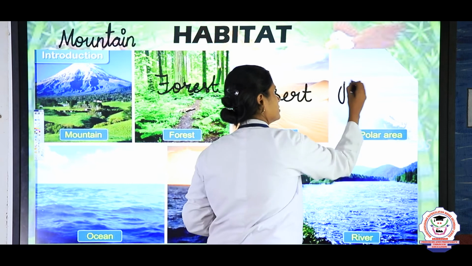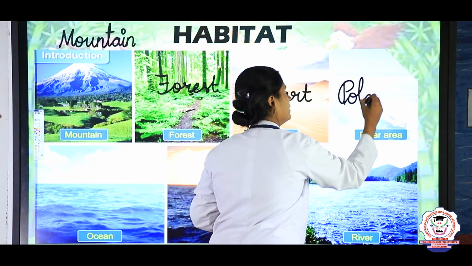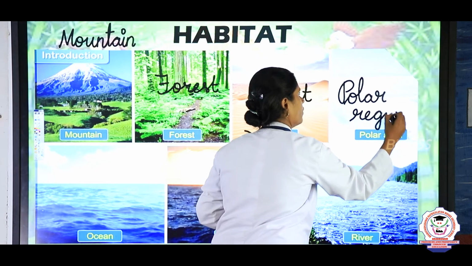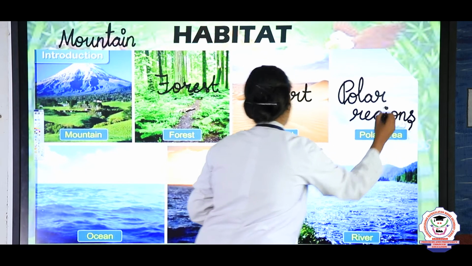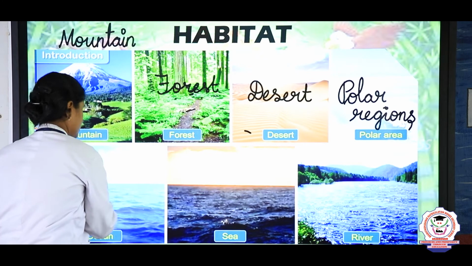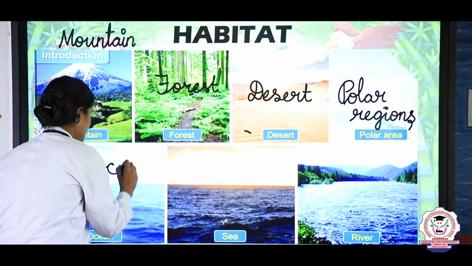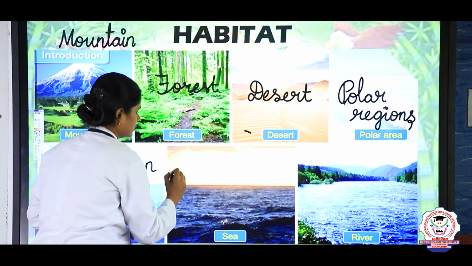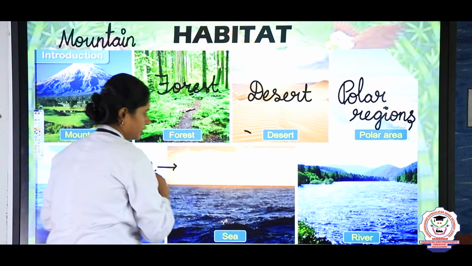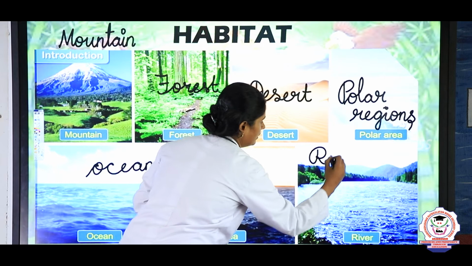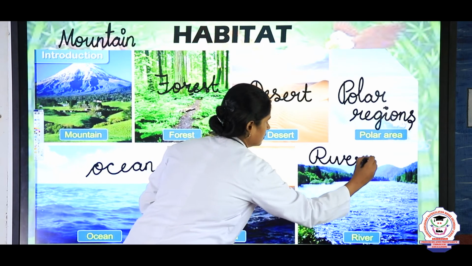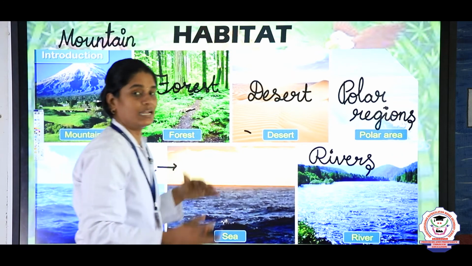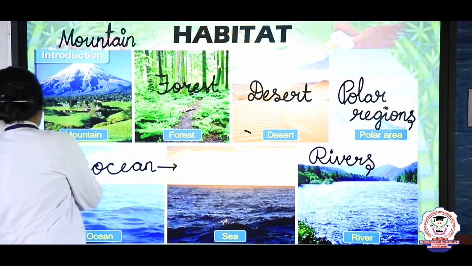Polar regions, P-O-L-A-R R-E-G-I-O-N-S, polar regions. Ocean, O-C-E-A-N, ocean. Seas, of course, come under oceans only, and then rivers, right. So, these are all the habitats that we are going to see. Let us see.